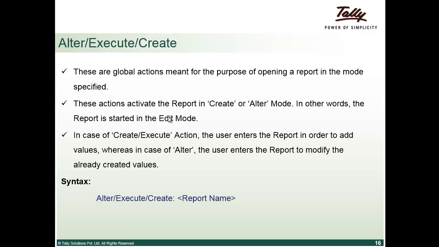Whenever you open a report specifying the create or execute action, then you're opening the report to add some values. Whereas when you're opening a report using action alter, then the user enters the report to modify already entered values. The syntax is you specify either alter or execute or create and give the report name.